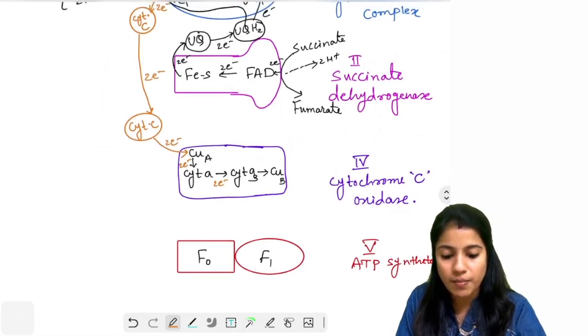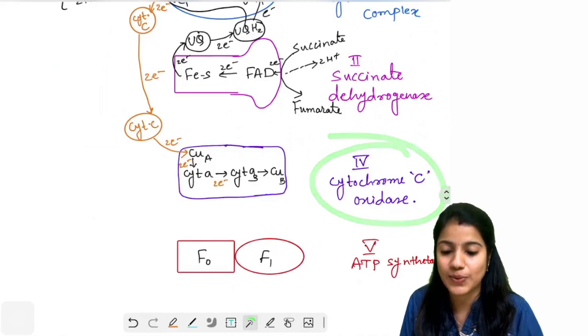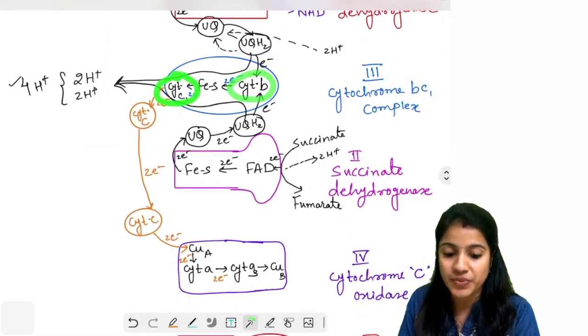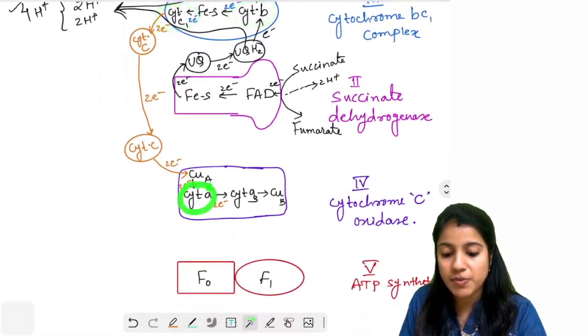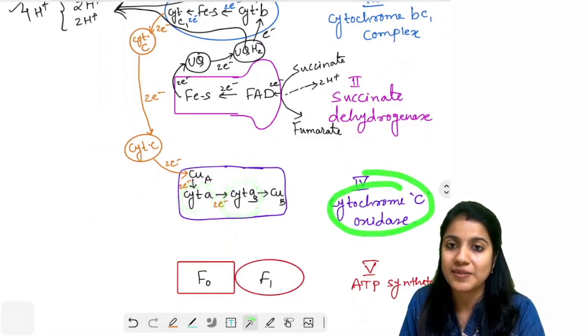Now, why is this complex called cytochrome C oxidase? Although, see, we said it is the BC1 complex because it is made up of two components, B and C1. This complex is made up of A and A3, but the name is cytochrome C oxidase, right?